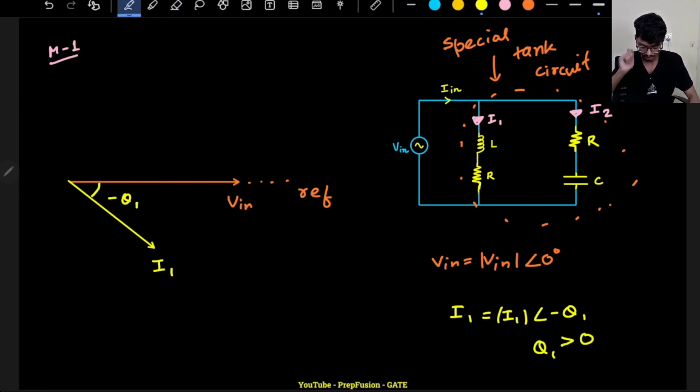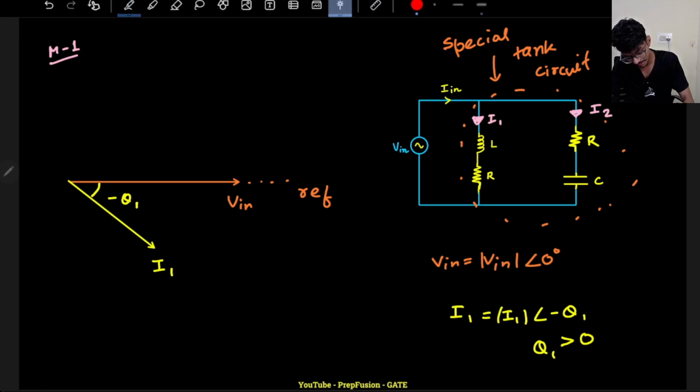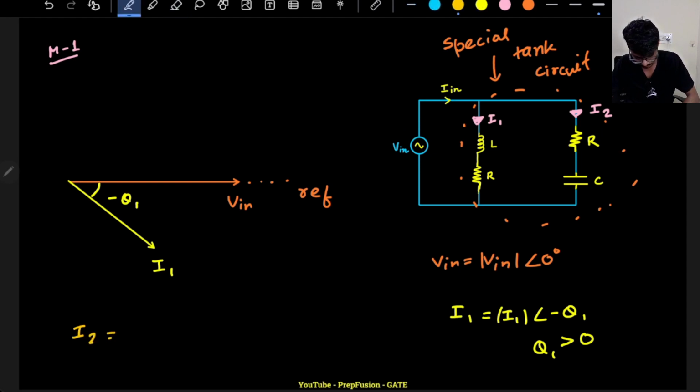And your I2 is flowing across an RC circuit, so it is a leading circuit. Here the current will lead the voltage. The voltage is the same V in only, so the current will lead the voltage. So your I2 will be magnitude of I2 at angle plus theta 2.